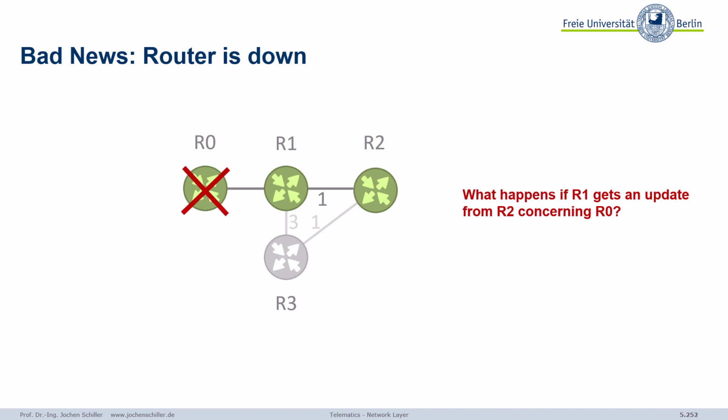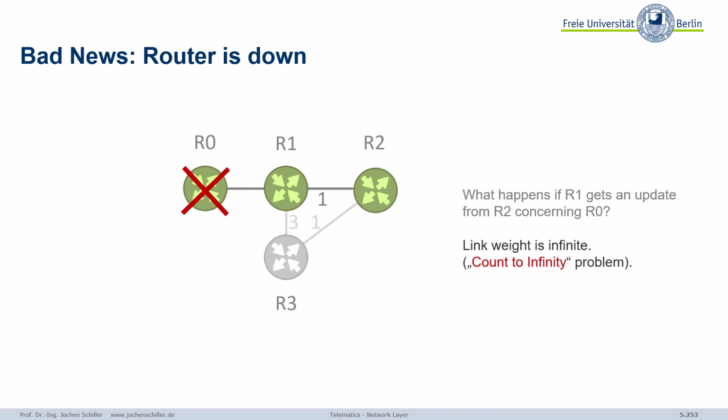What happens even worse if a router is down? So if the router is down, then we run into a problem that is also known as the count to infinity problem. Well, what does it mean, count to infinity? Assume, again, before the router is down, the distance is 1.